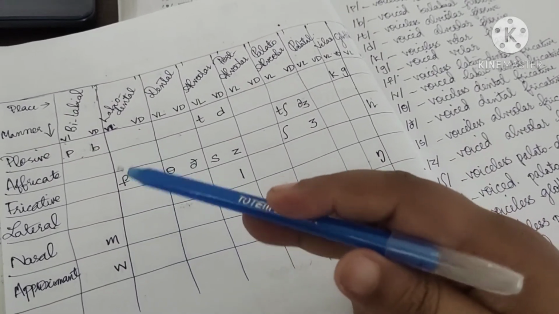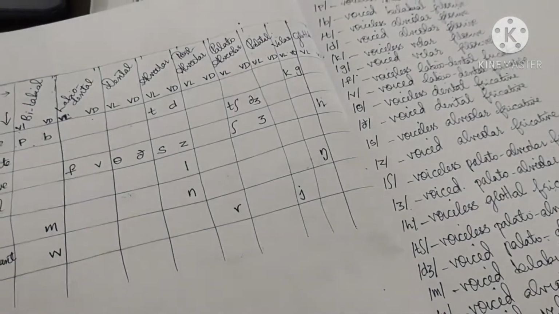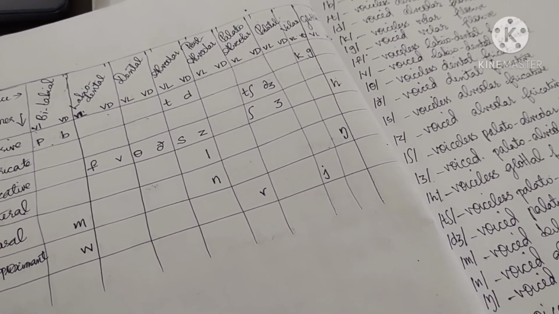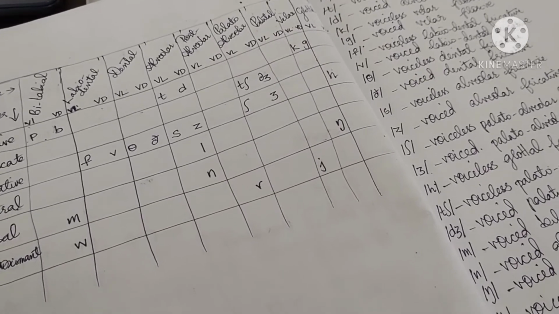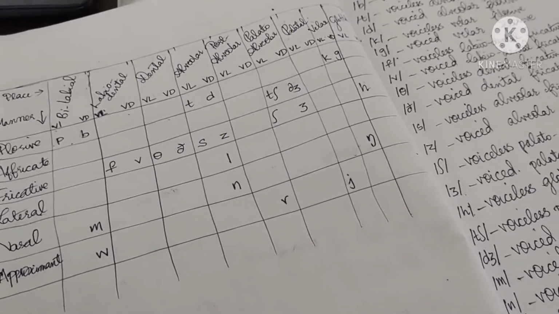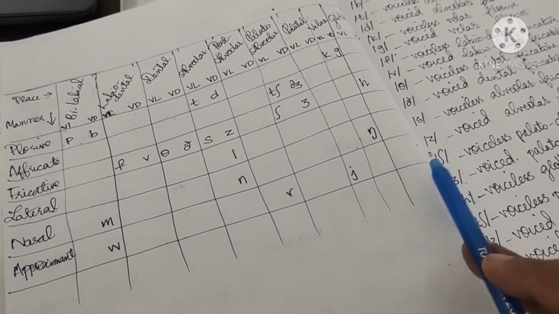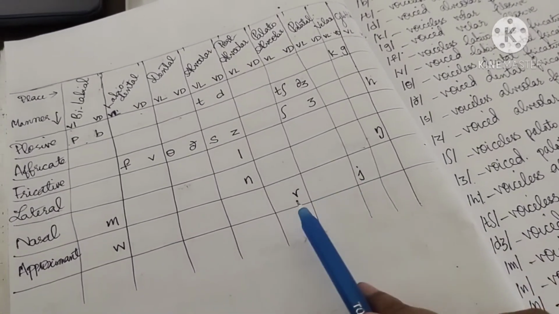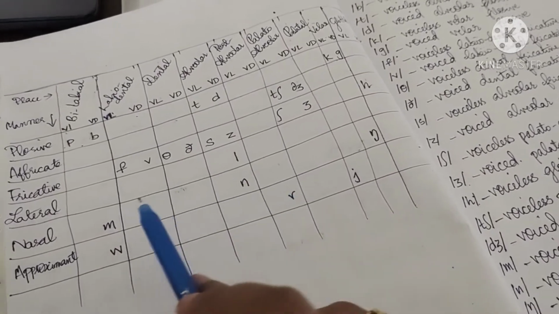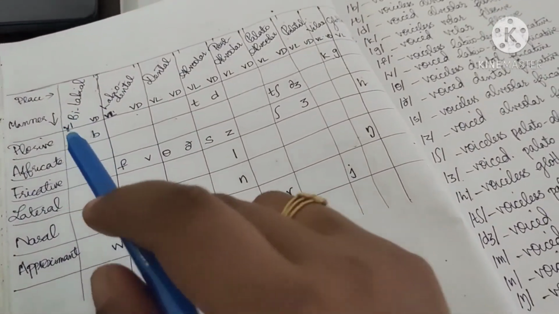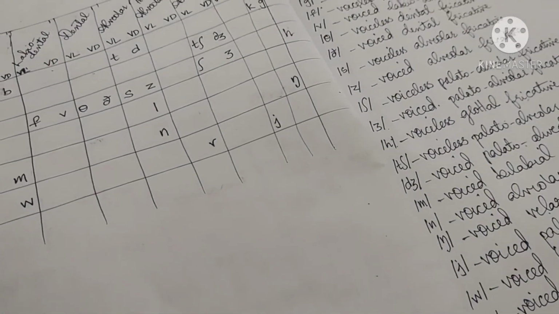W is voiced bilabial approximant. But approximants, we know that both frictionless continuant and semi-vowels are approximants. Here it is only written approximant. W and Y are semi-vowels and R is frictionless continuant. So W is voiced bilabial semi-vowel.